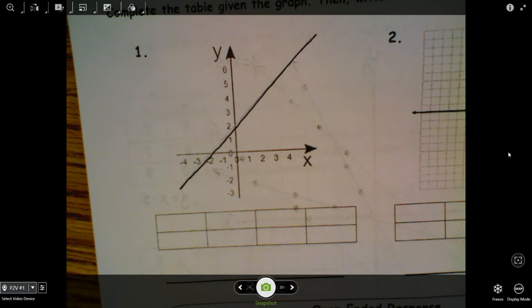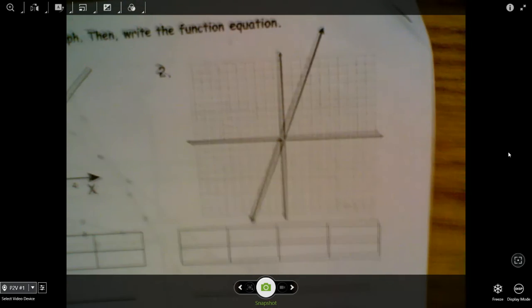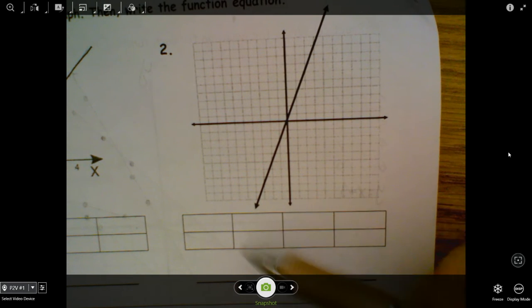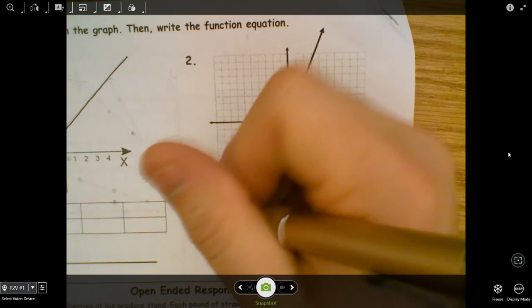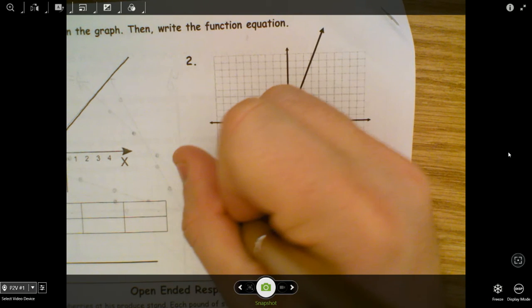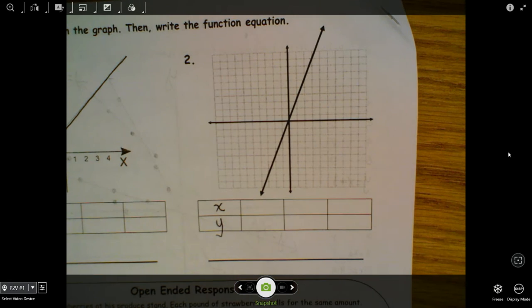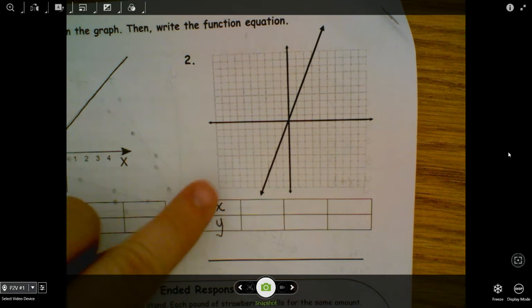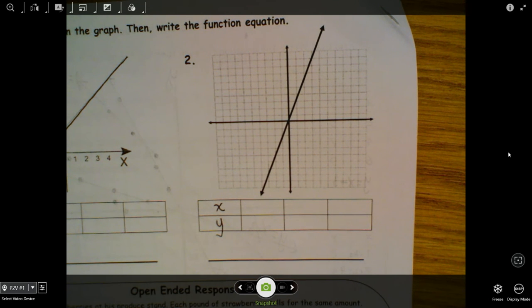But number 2 is the same example. Here you go. So now they gave you a line, and you have to fill in the table and write the rule. Okay. X and Y. If it's this direction, the X goes on top and the Y goes on the bottom.